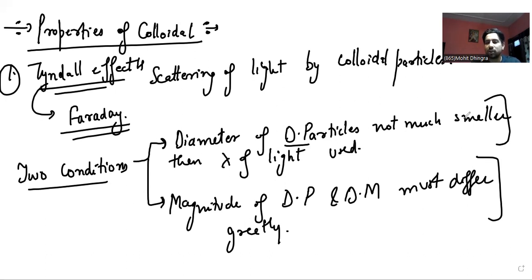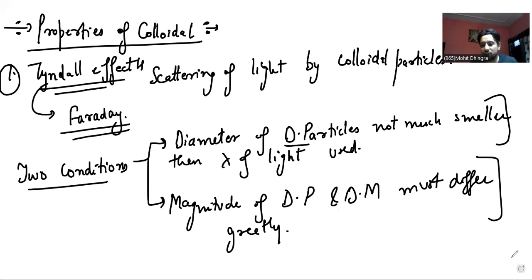So these are the two conditions which are required for the Tyndall effect to be observed in colloidal solutions, that is scattering of light by colloidal particles. And on the very first note, it was observed by Faraday.